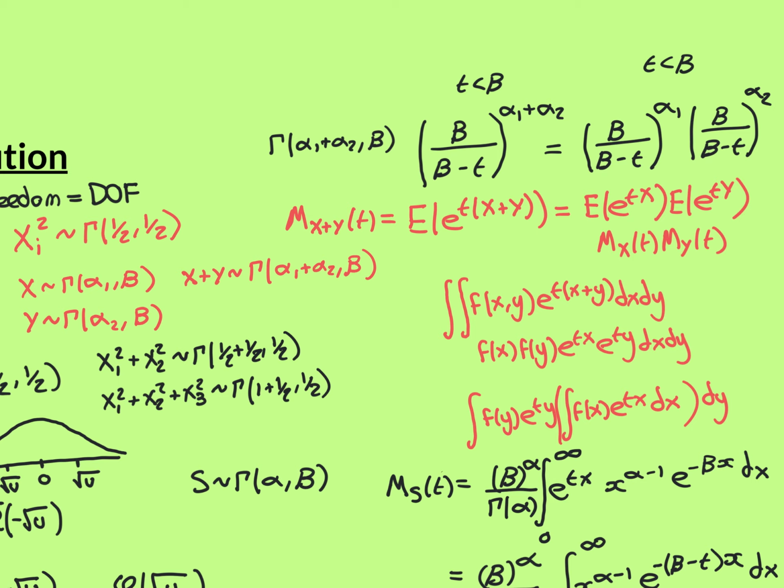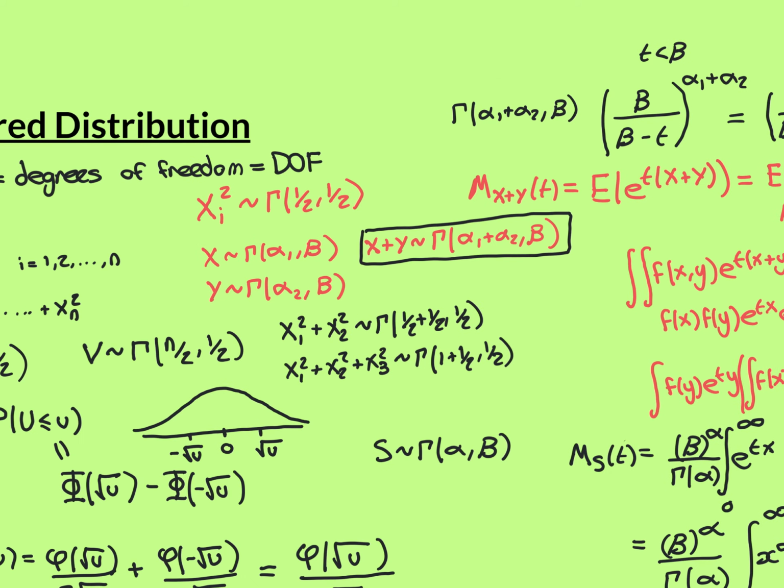But that is true. So by the fact that X plus Y has this moment generating function, and that is the moment generating function that a gamma distributed random variable with these parameters would have, we can therefore conclude that X plus Y must be distributed in this way.